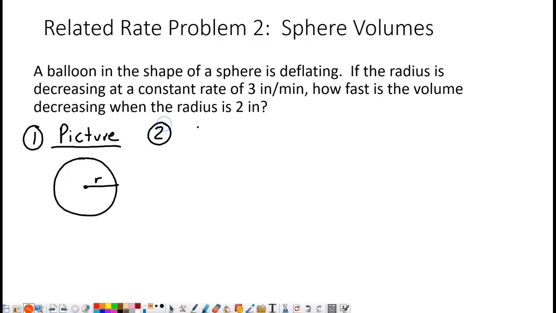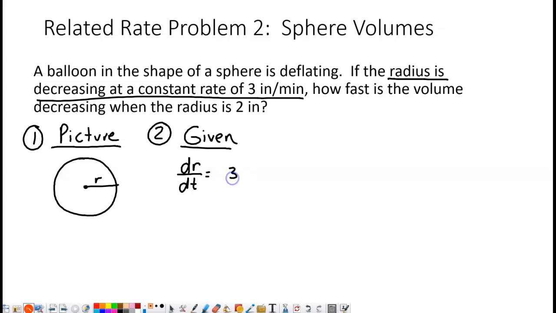Step 2, let's identify our given rate. The rate that they gave me is the rate of change of the radius. So the rate of change of the radius with respect to time is not 3 inches per minute, but actually negative 3 inches per minute. Why? Because it says decreasing.